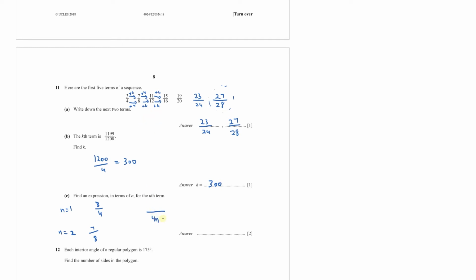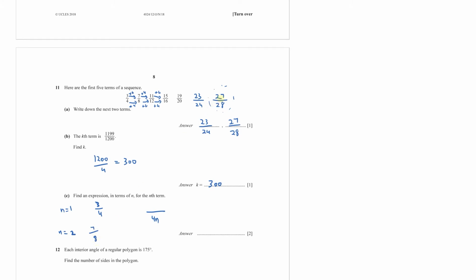So for your nth term, your denominator value will be simply 4n because all these are multiples of 4, starting with the first multiple, second multiple, third multiple, and so on. And then if you look at the numerator, your numerator value is always just 1 less than the denominator. So 3 by 4, 3 is 1 less than 4. 7 by 8, 7 is 1 less than 8.